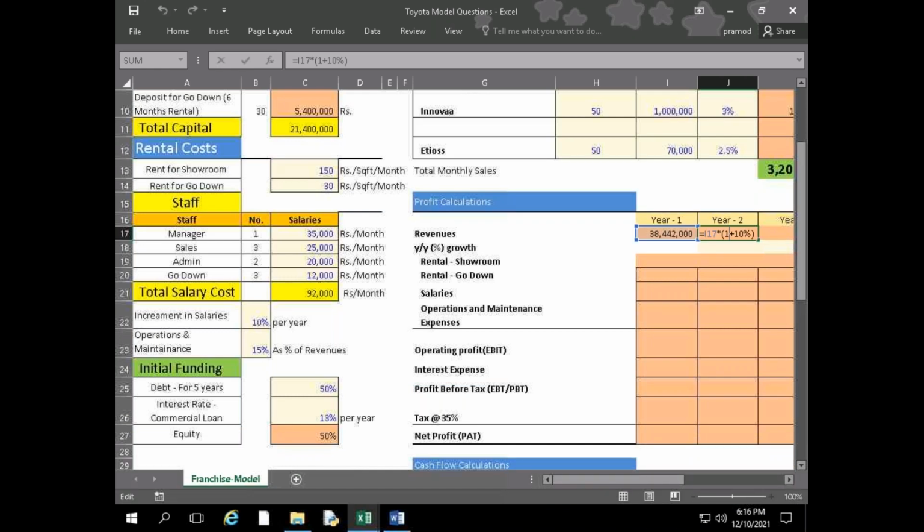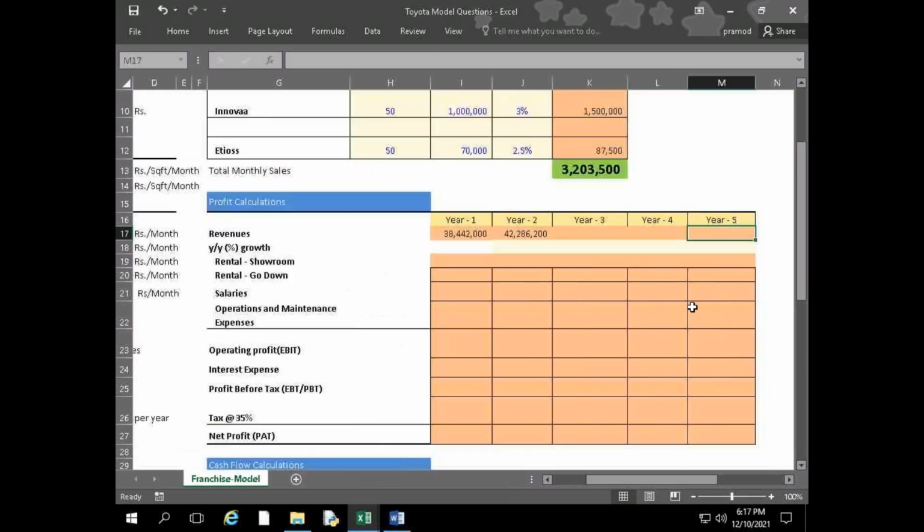What we have typed here is correct. So the formula will be: select the previous year value, into the bracket 1 plus 10%. Close the bracket. So we need not do it here, straight to the growth column. We have to do it for the next year. Okay, sir.